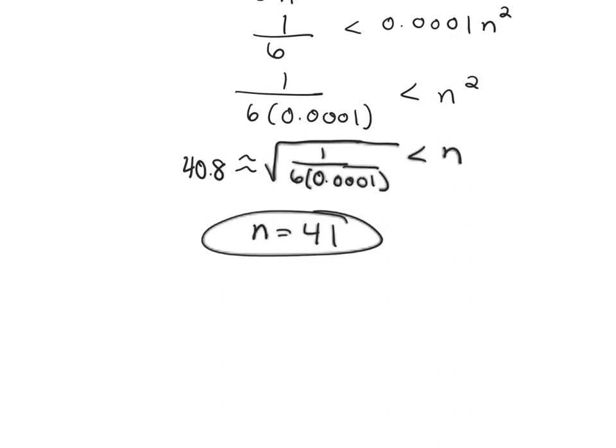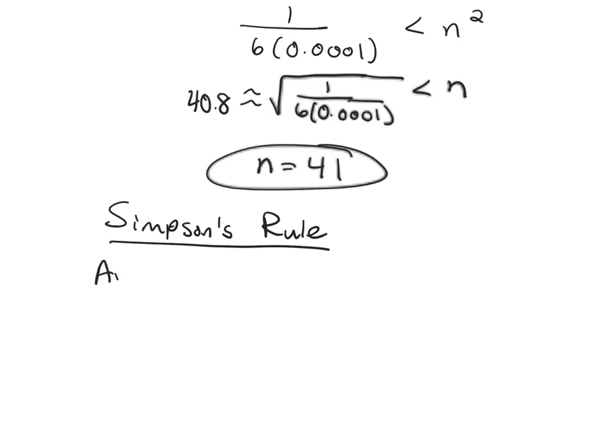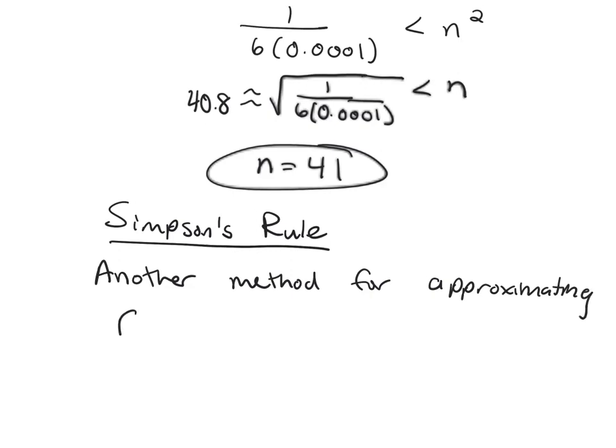So there's one other way for you to approximate the area, the definite integral, and it's with something called Simpson's rule. This is another method for approximating a definite integral.